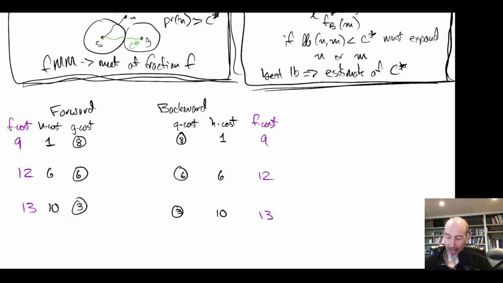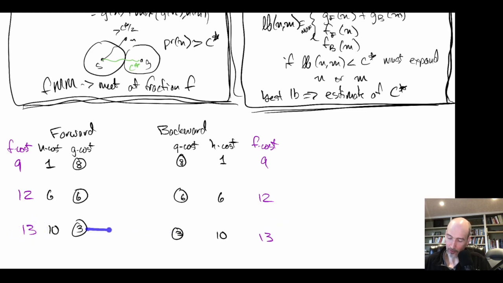So these two have the lowest G plus G, but their F cost is highest. If I'm asking what's the max, if I look at this pair of states, well, in fact, let's compute this. For this pair, what is the lower bound? Well, the lower bound here is going to come from the F cost, which is 13, or G plus G, which is 11.